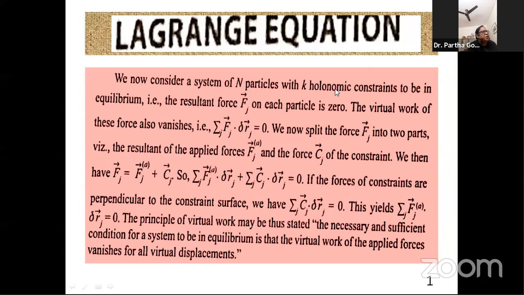So the forces of constraint go away from the equation, and you have the resultant of external applied forces A dot delta Rj equals 0. This is called the principle of virtual work. It could be stated as the necessary and sufficient condition for a system to be in equilibrium: that the virtual work of applied forces vanishes for all virtual displacements.